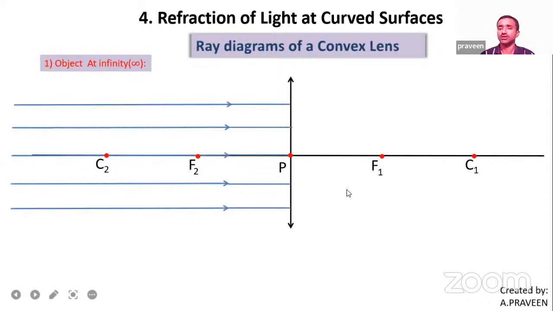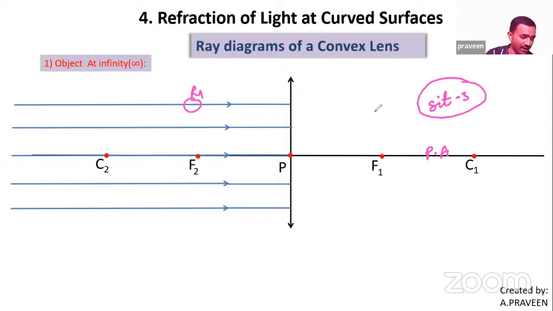So here, look at any ray. Suppose this first one I am considering as R1. So how is this R1 to the principal axis? This is your principal axis. It is parallel. So when a light ray is parallel to the principal axis, it meets situation 3.